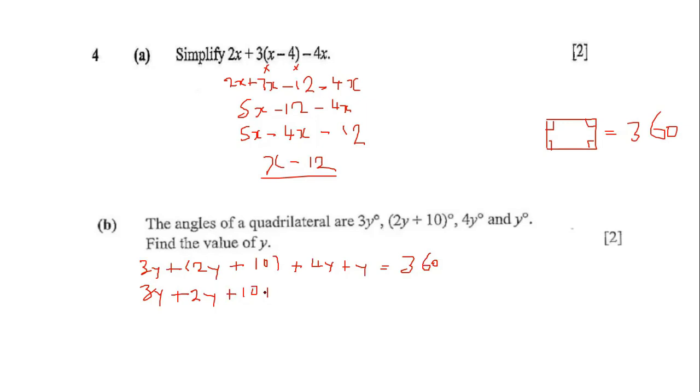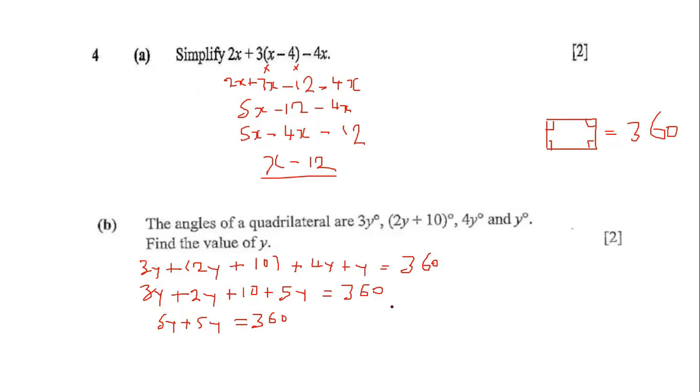Then plus, now we can add this in advance, 4y plus y, which will give us 5y, is equal to 360. So 3y plus 2y is also 5y. So we can say this 5y plus this 5y is equal to 360.